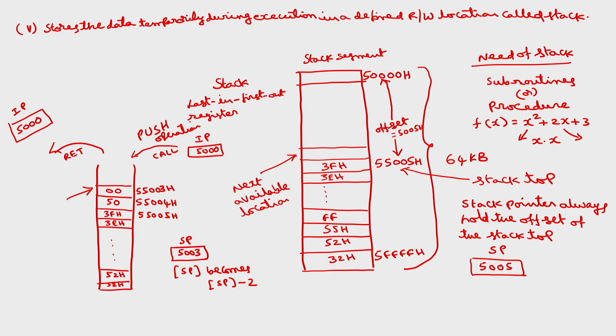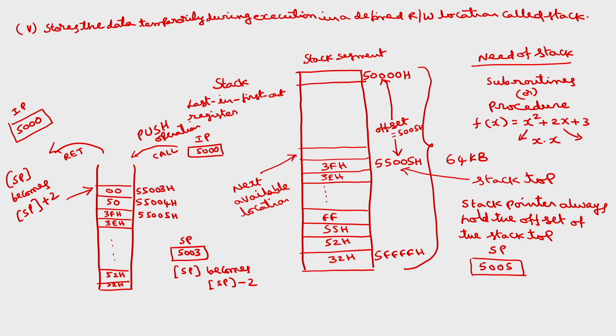Now the stack top points to the previous location, 5005. Now the stack pointer contents become 5005 only. So in the return instruction, stack pointer becomes stack pointer plus 2. This is about the stack operations.